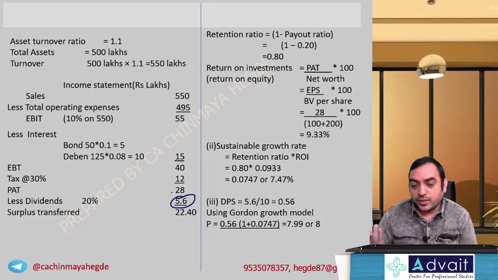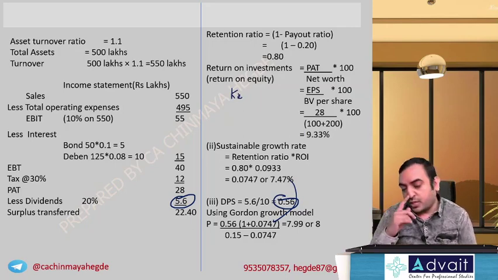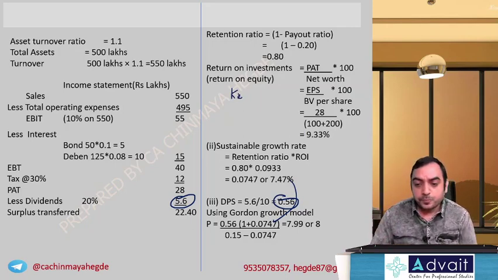If I go for per share basis, 5.6 by 10 lakhs, 0.56 per share, into 1 plus G, growth rate 7.47, divided by K minus G. K we don't know, so we'll assume the return on equity itself as KE because we don't have any cost of capital information. That will give you 7.99 or 8 rupees.